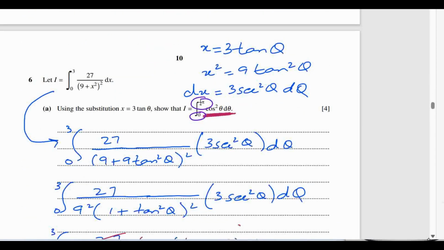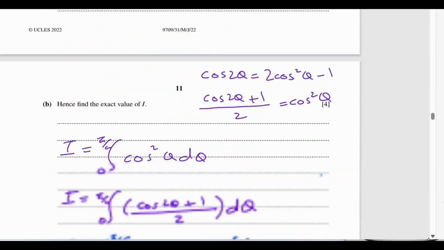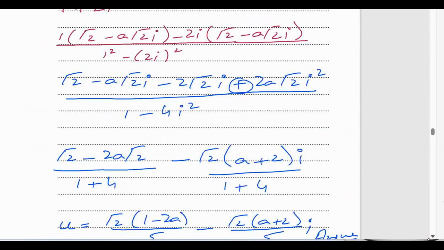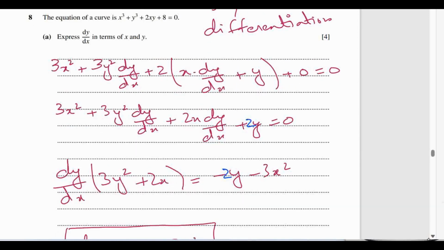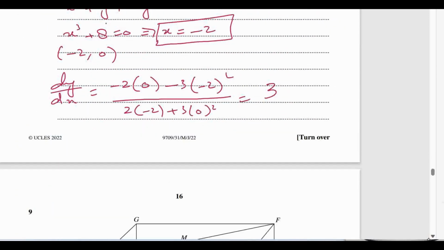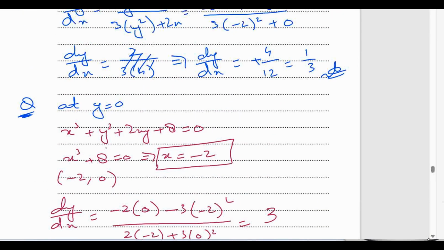We have discussed question number 6, then question number 7, which was on complex numbers, and then question number 8. I hope that the concept is clear. If you have any question, you can ask it in the comment section. Thank you.